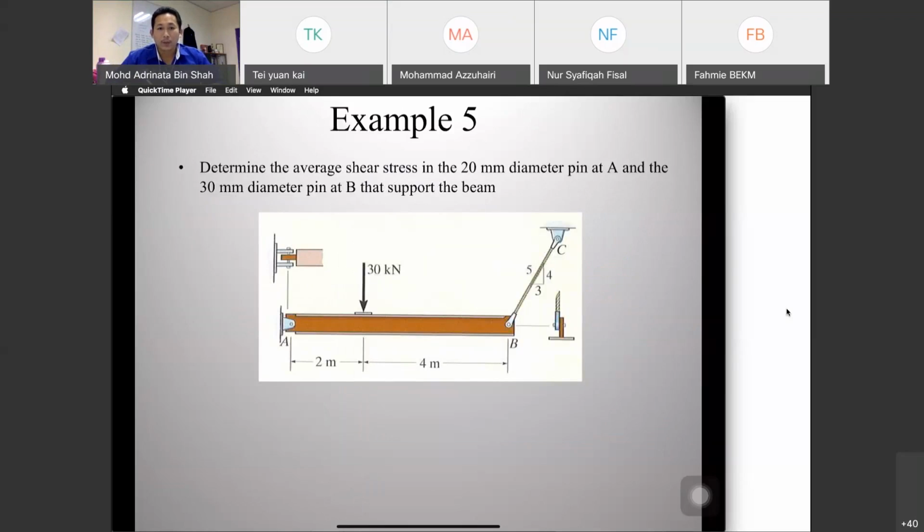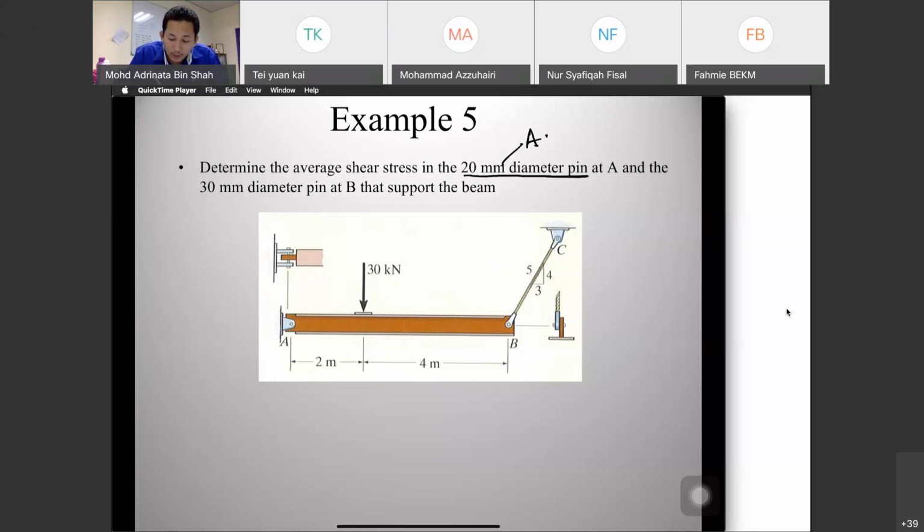Next example. This one is about shear stress. For normal stress we already had 3 examples, and this is example number 2 for shear stress. Determine the average shear stress in the 20 mm diameter pin. What is this for?